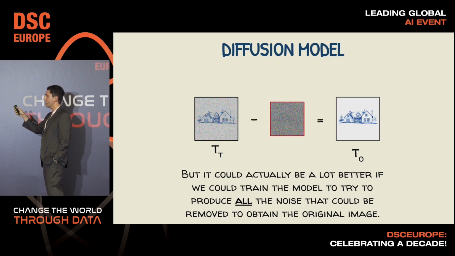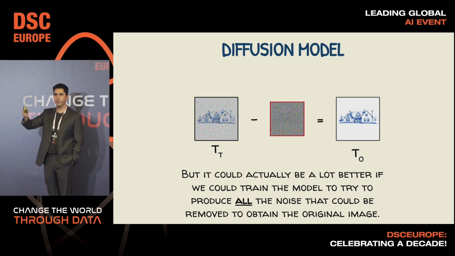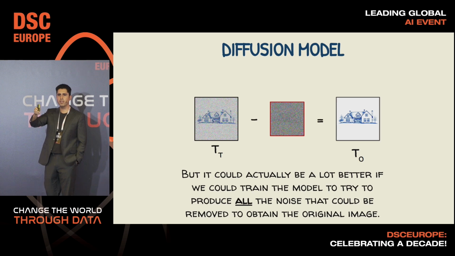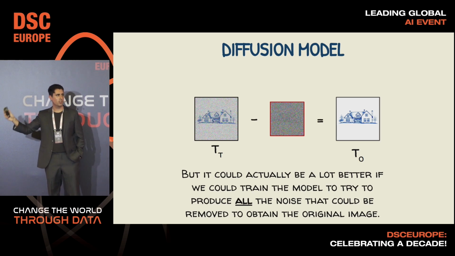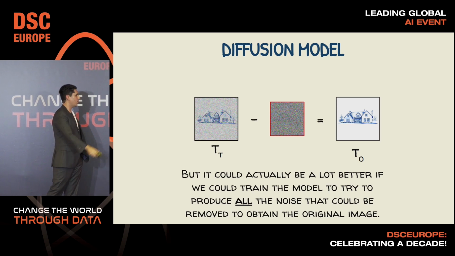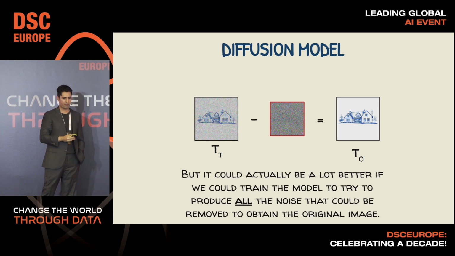So you actually end up creating an even more robust model if you say, hey, instead of trying to predict from like T4 to T3 or T20 to T19, just for any time step, give me the noise that takes me all the way back to the original image.